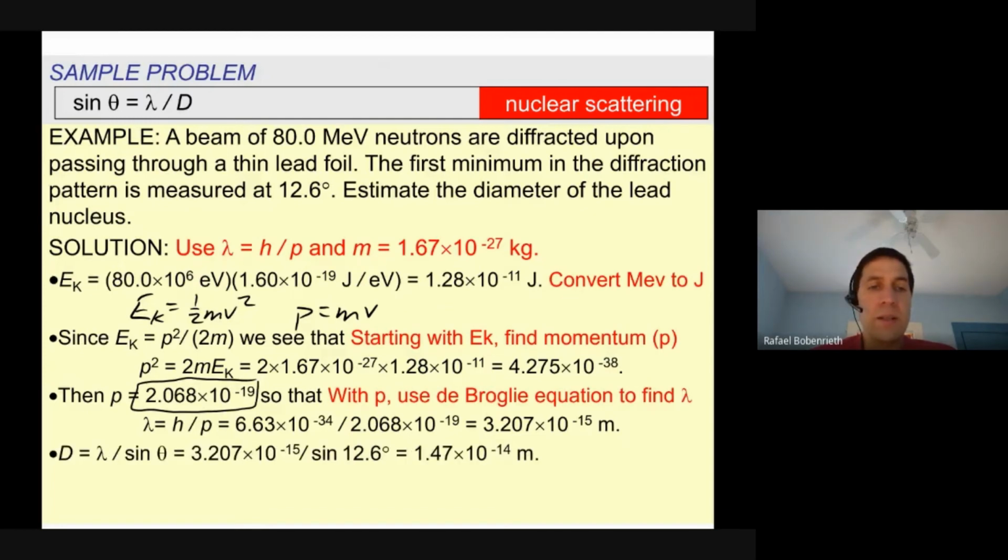When I go back to this original equation up here, now I have the de Broglie wavelength, and I have the angle that's given in the problem. I can then solve for the diameter, and you can see that the estimated diameter based on this experiment for the lead nuclei is about 1.5 times 10⁻14 meters. Again, on the order of magnitude of the de Broglie wavelength of the neutron beam.